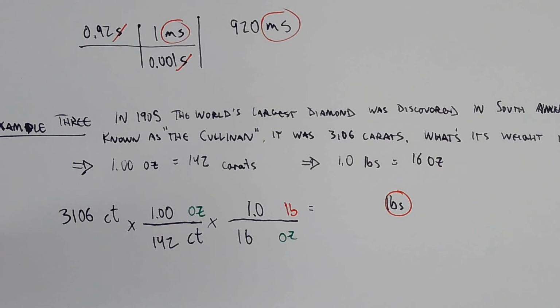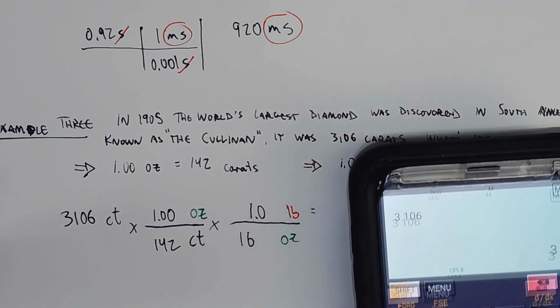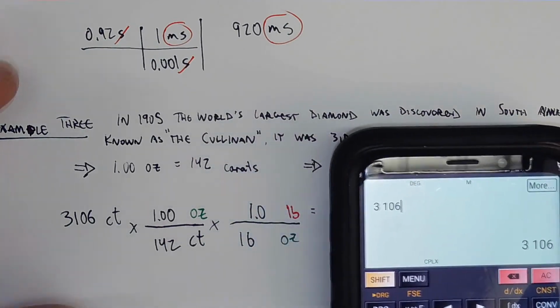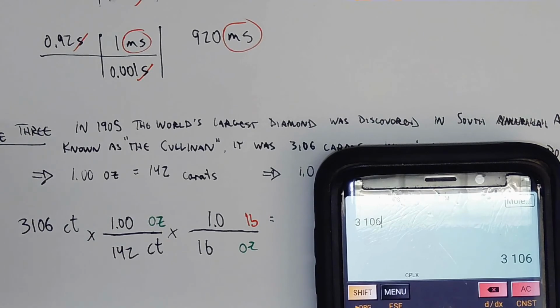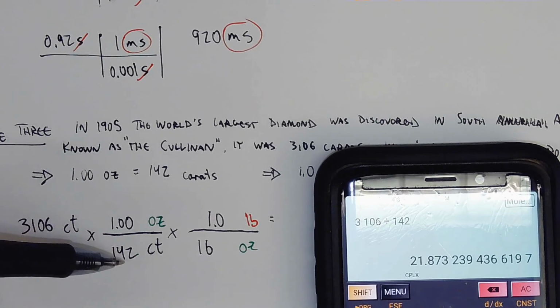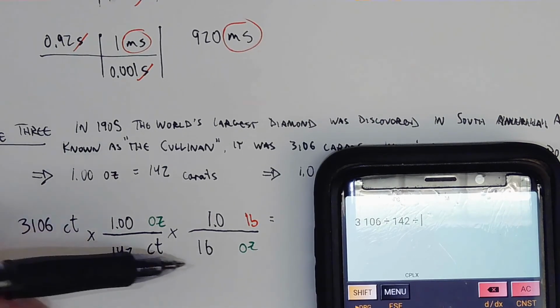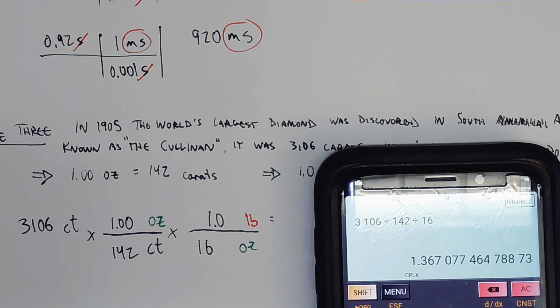So I'm going to enter into my calculator, 3,106. I'm using my cell phone calculator for this one. All right, so 3106 divided by 142 divided by 16. Just do it all in one step.